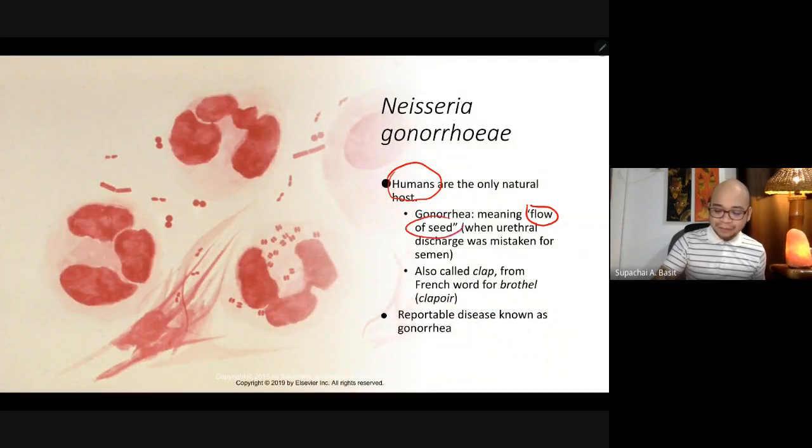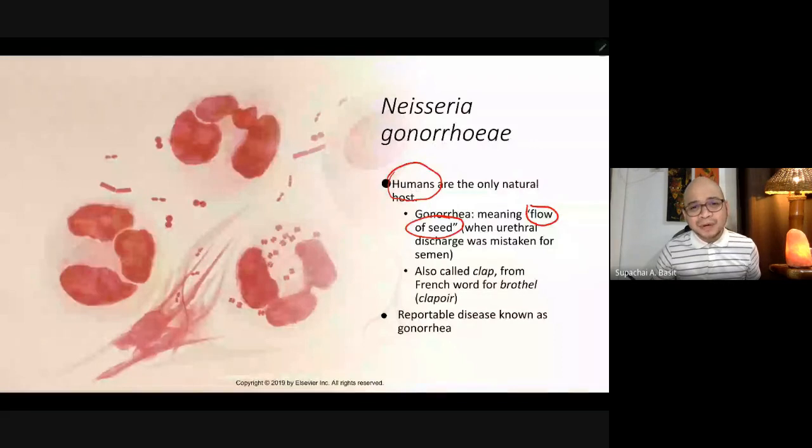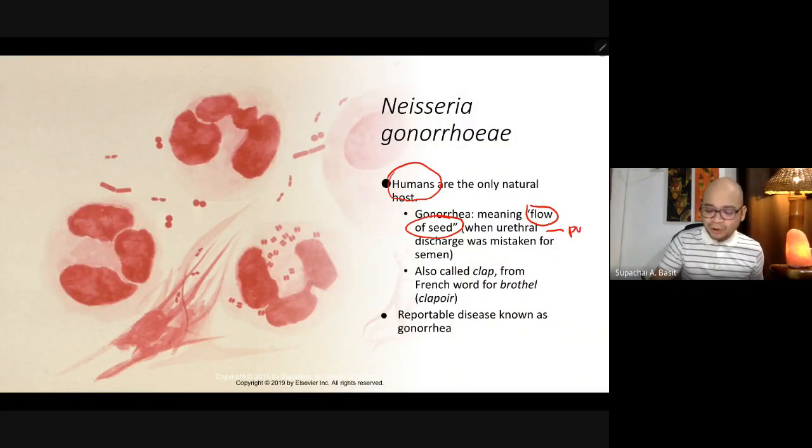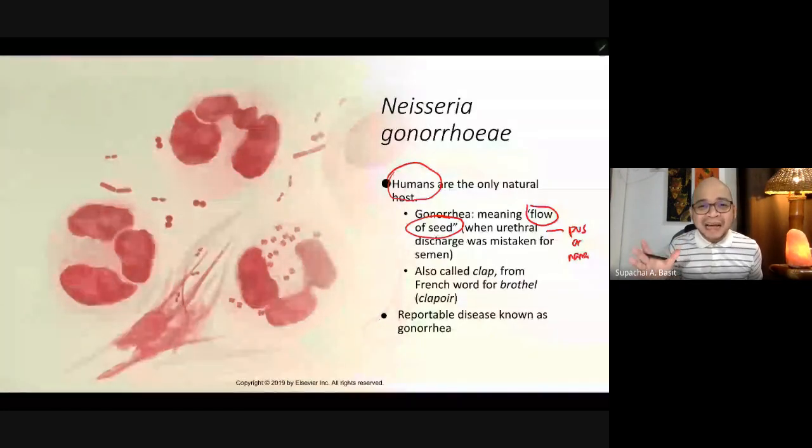Flow of seed. Primarily because when someone is infected with gonorrhea, there is a urethral discharge, which is in the form of pus, or in Tagalog, we call it nana. And that nana was mistaken for semen. Napagkamalang seminal fluid yung nana.